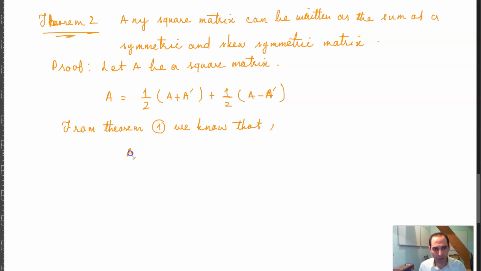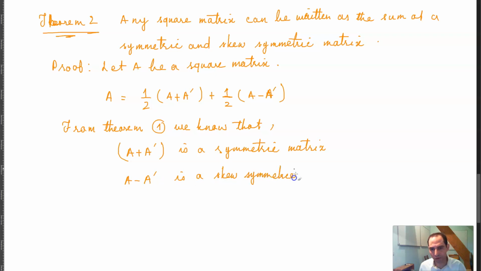Now from theorem 1 we know that A plus A prime is a symmetric matrix, and A minus A prime is a skew symmetric matrix. We already proved that.